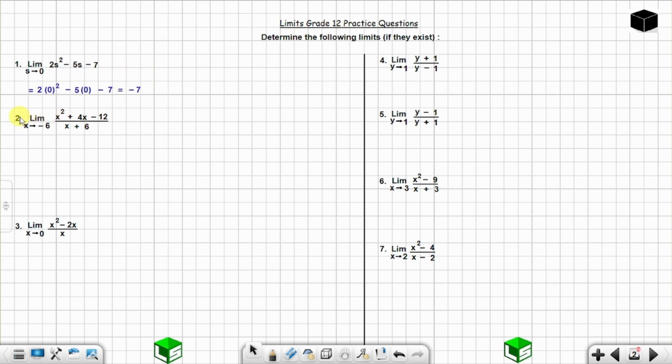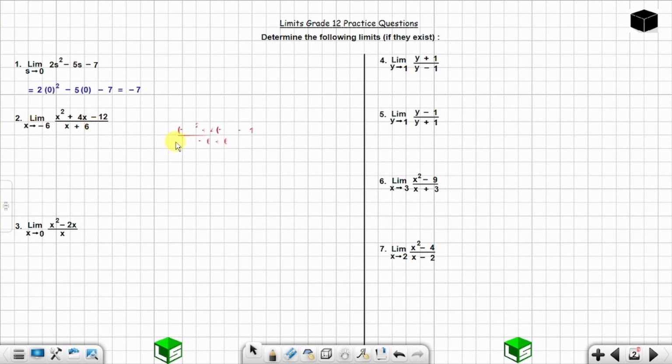Now question 2. Determine the following limits if they exist. Try to plug negative 6 in place of x because you have the limit as x approaches negative 6. When you plug negative 6 wherever you have x, see if you are going to get an error.